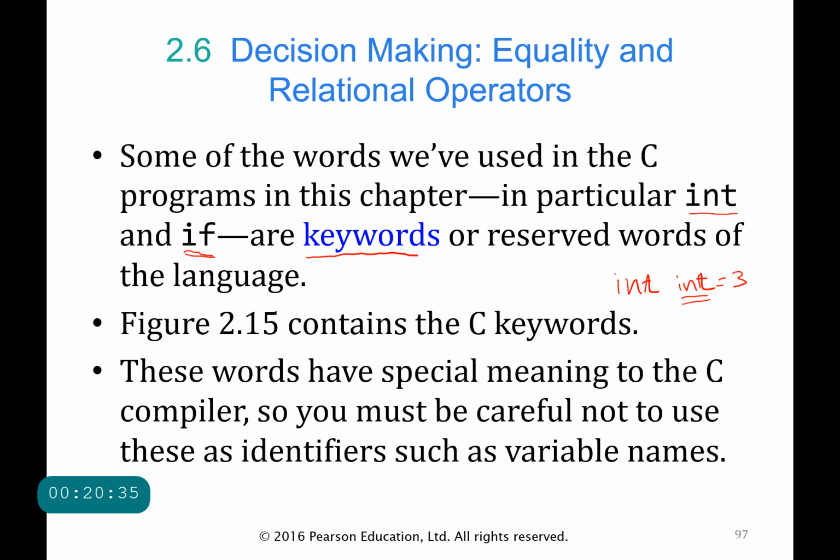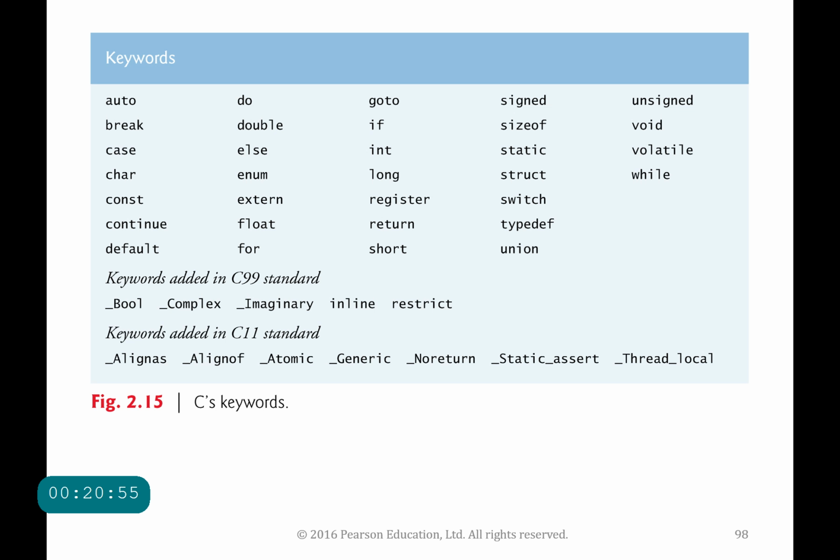So do not use int as a variable name. You can, however, use something like int1 = 3, and that should work. Similarly, don't use if as the name of some variable, because that will cause confusion.